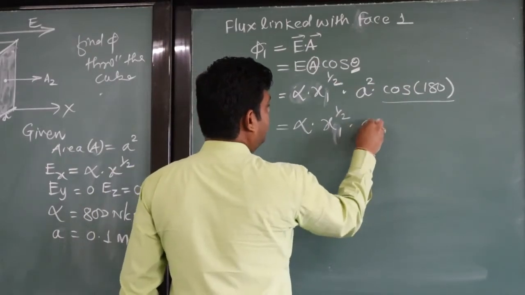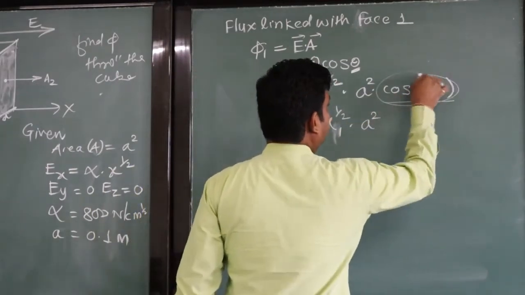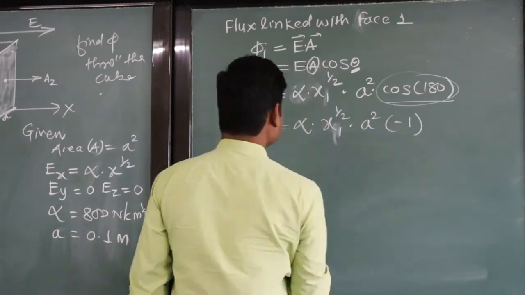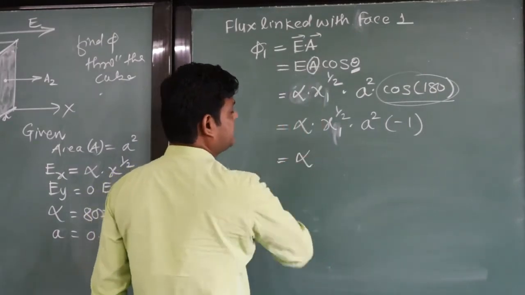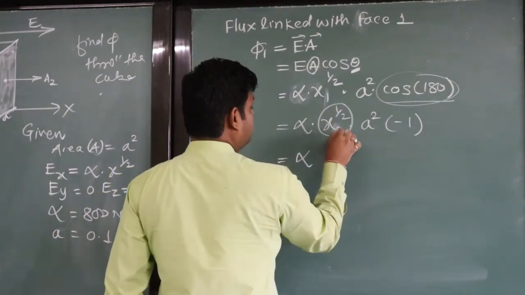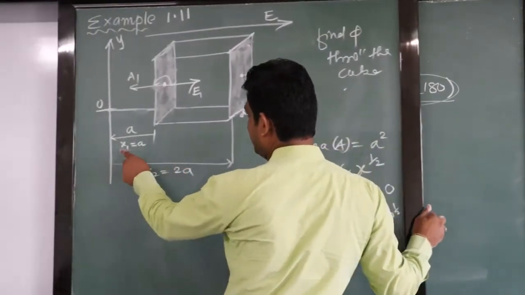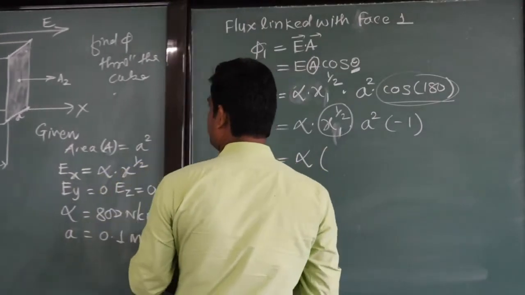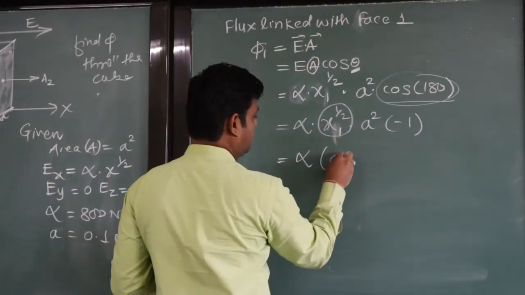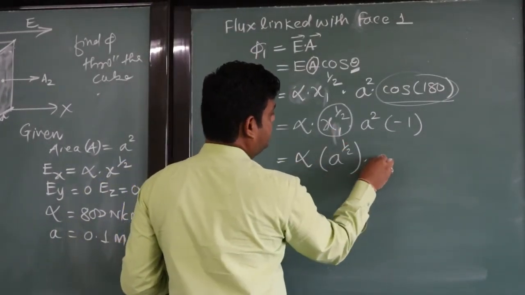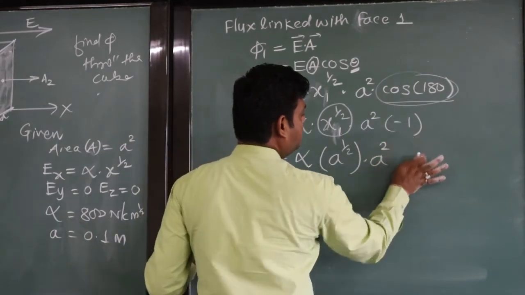Okay, so a square remains as it is, cos 180 means -1. Put the value, alpha remains as it is. The value of x1, in the diagram you can see x1 equal to a. So put x1 equal to a, a raised to half into a square into -1.